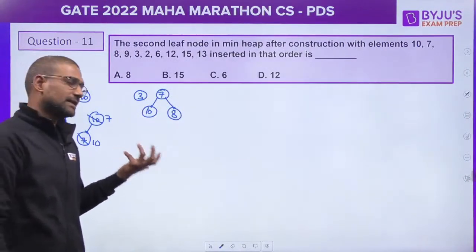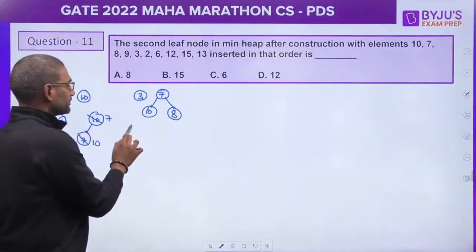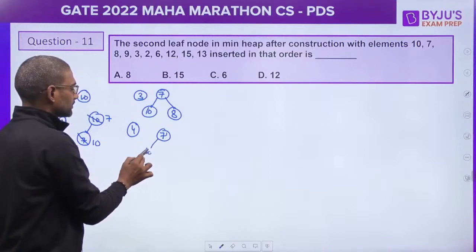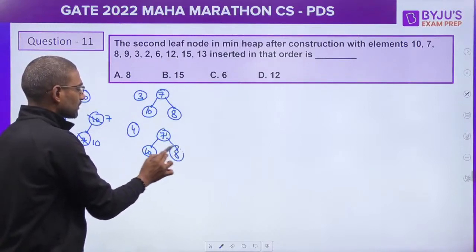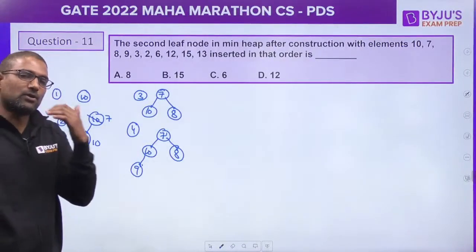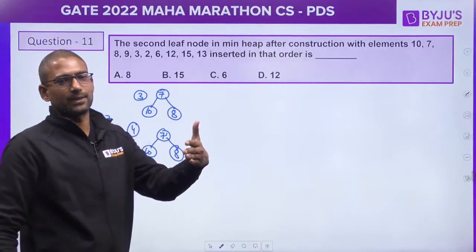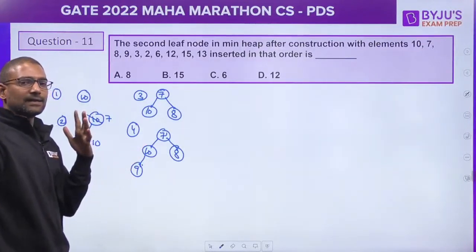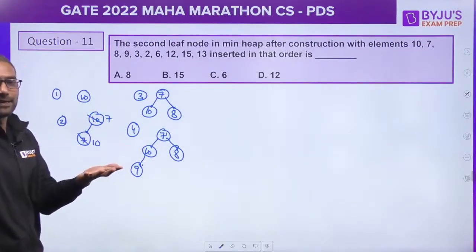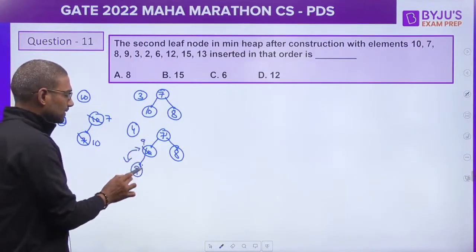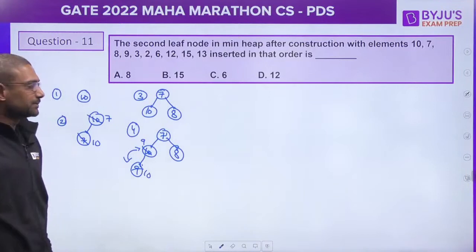Parent is smaller, yes, so no need to swap. Then insert 9. We will insert it as left child to 10 to satisfy the CBT property, complete binary tree property. Here 10 is greater than 9. It is not valid. So heapify means swap 9 and 10. So 9 will be here, 10 will be here.